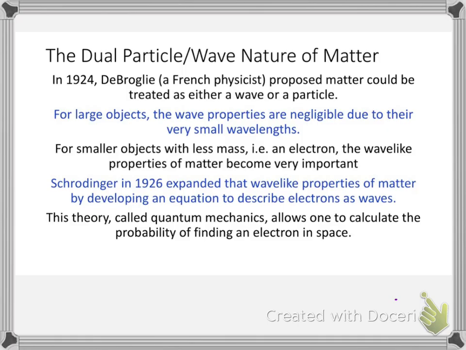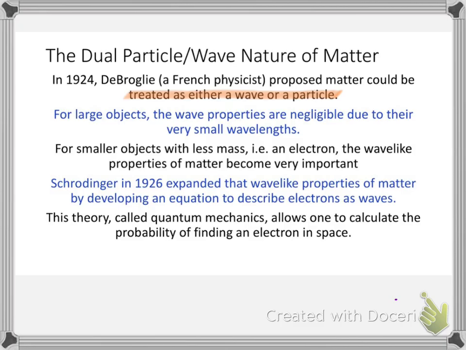De Broglie, a French physicist, you see here, he proposed this sentence right here. That matter wasn't just treated like a particle, like a substance, but it could also be treated like a wave.